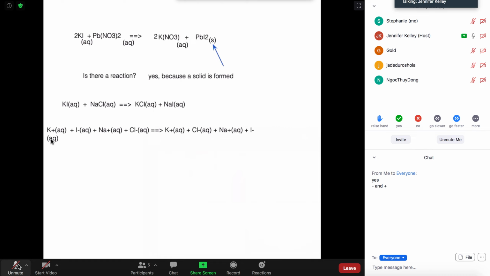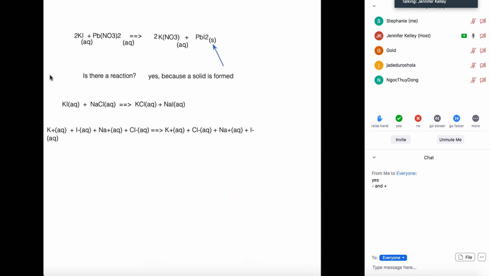I wanted this little aqueous symbol at the end. Oh, golly, there's got to be an undo button for that. Okay, I'll just leave it like it is, and we'll just know that I minus is aqueous. The aqueous just went down to the wrong row.